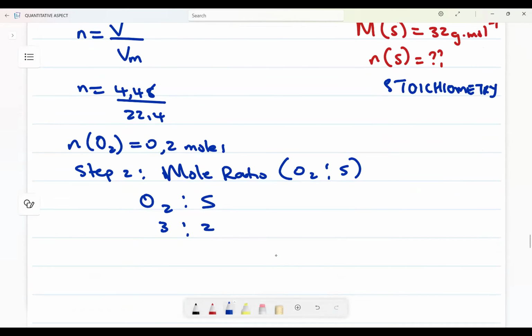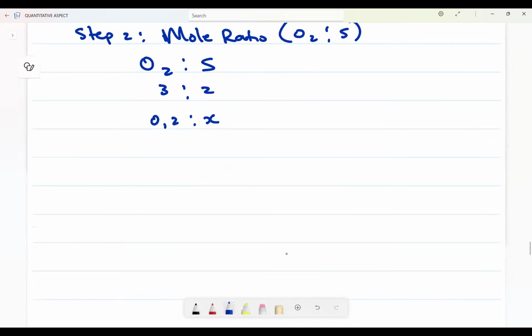And then what do I know? What is the number of moles of O2? Number of moles of O2 is 0.2. Number of moles of sulfur, I do not know. Then I use my calculation there using ratios. It's going to be 3 multiplied by x, it is 3x, equal to 0.2 multiplied by 2, which is 0.4.